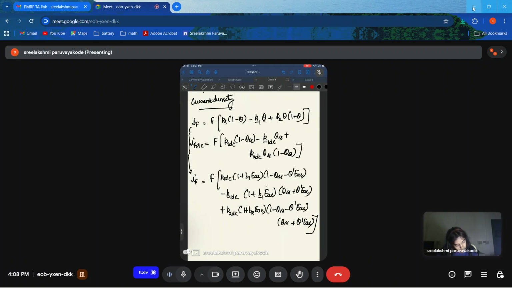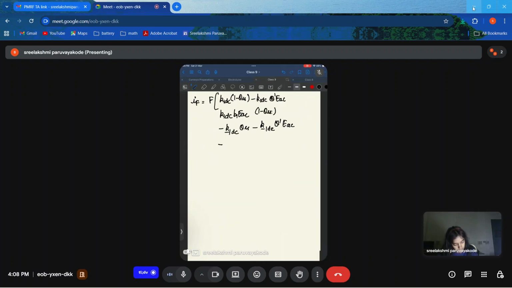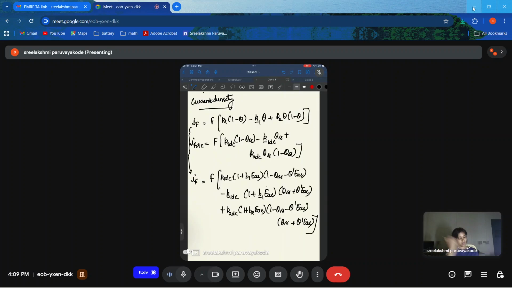Now you have the next term K minus 1 DC B minus 1 EAC theta SS. The next term is K minus 1 DC B minus 1 EAC theta dash EAC. So there are two theta dash, giving theta dash square. It is small, we can neglect it. So only that term will come.